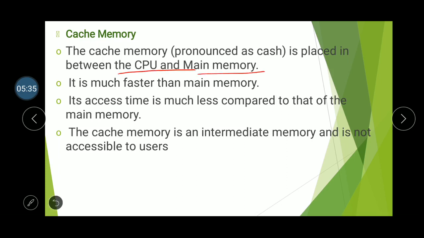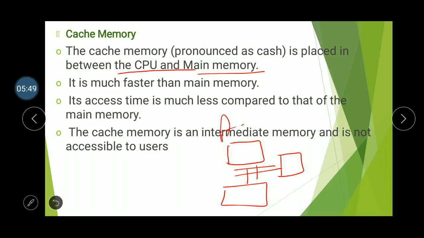If this is the main memory and this is the CPU, in between the main memory and CPU there is a cache memory. If it is a process like A plus B, then it is an intermediate between the main memory and the CPU, but it is not accessible by the users.